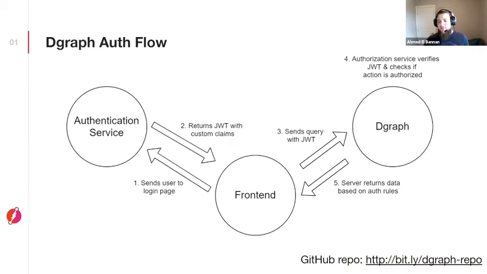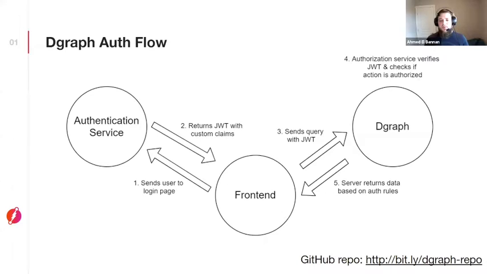And we're going to have Dgraph as our GraphQL server, which handles authorization. So how the flow works is I go onto the front end. I get sent to the login page because I haven't logged in yet, right? The authentication service logs me in and then returns a JWT that has a custom claim with who I am. It'll include my email in this example.